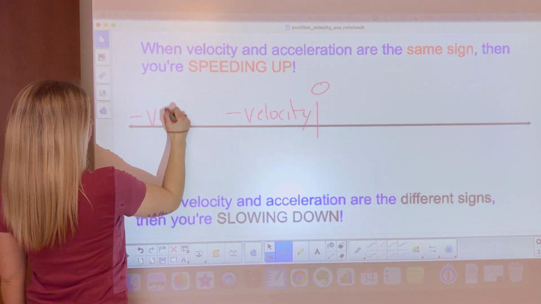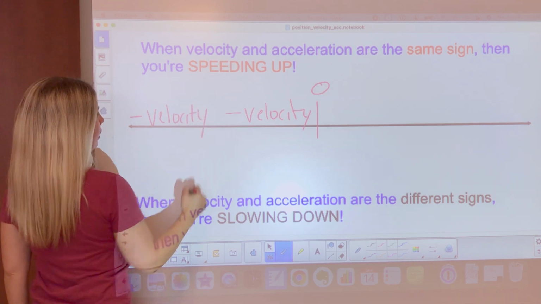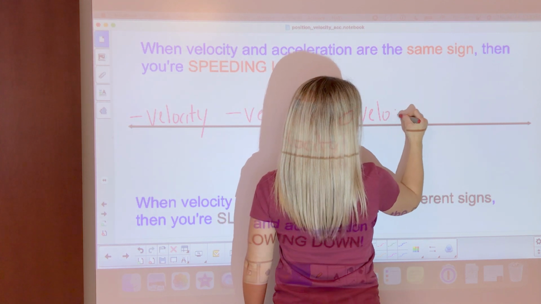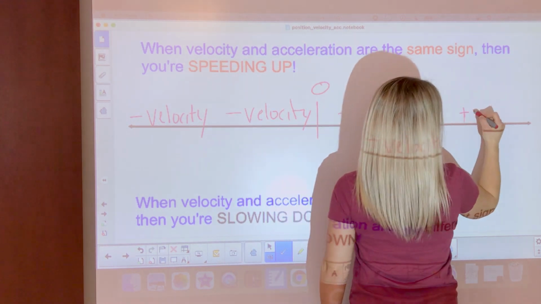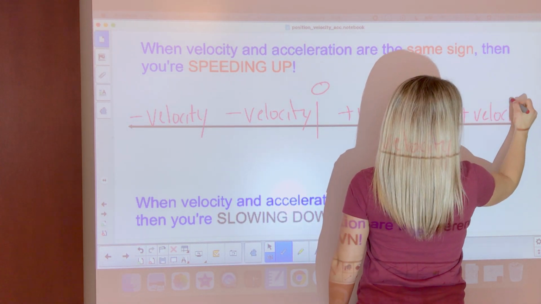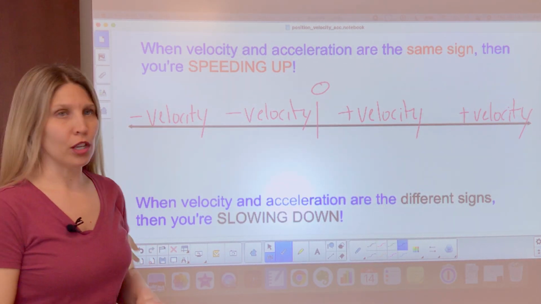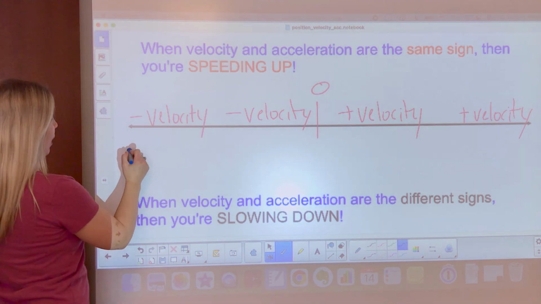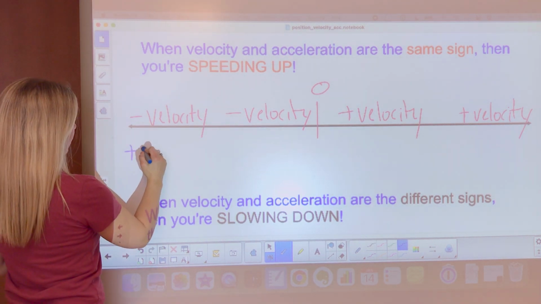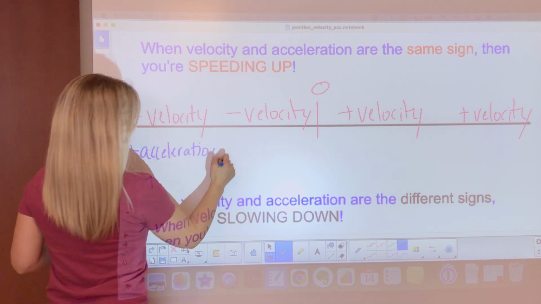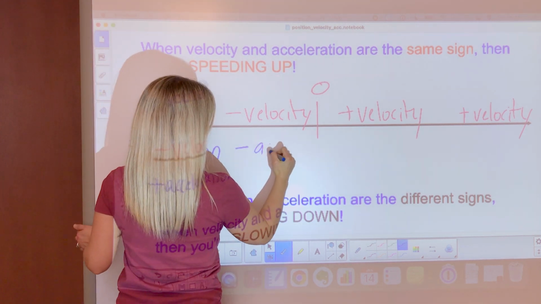I'm going to do 2, and you'll see why here in a second. And over on this side, we have positive velocity. Now we have to talk about the two different types of acceleration. If you have positive acceleration or negative acceleration.